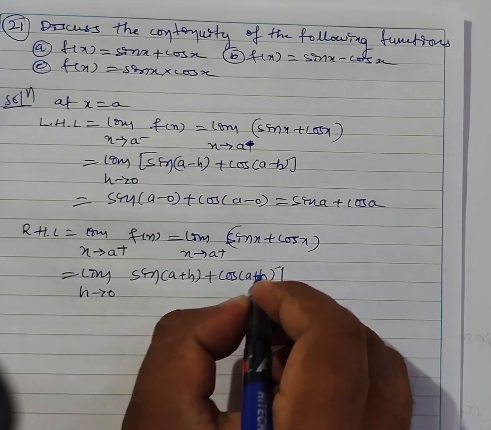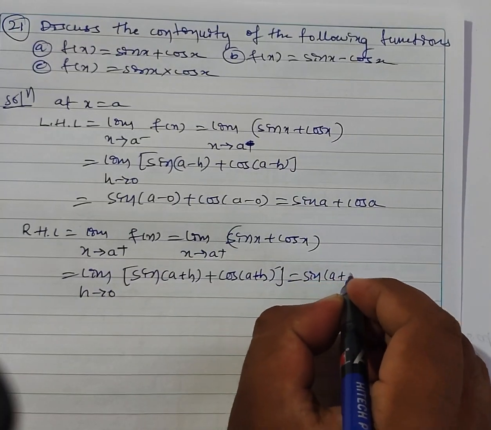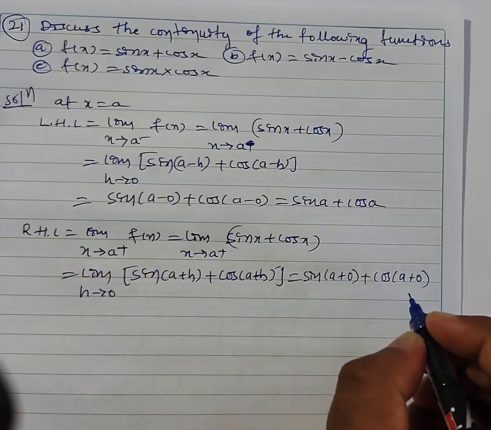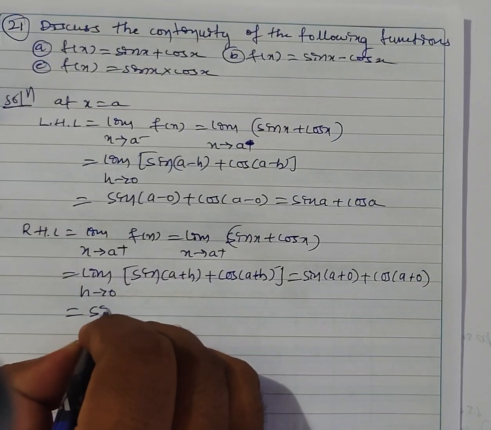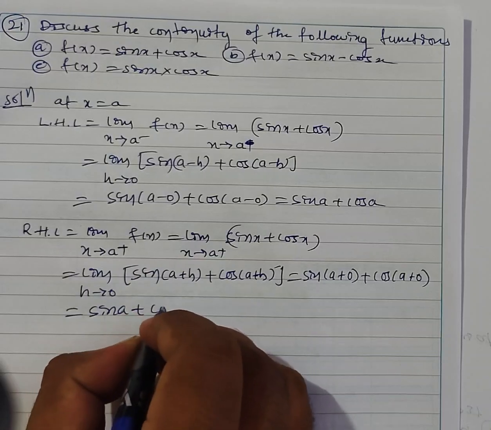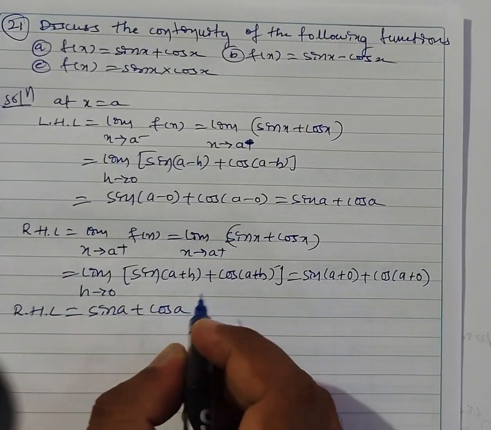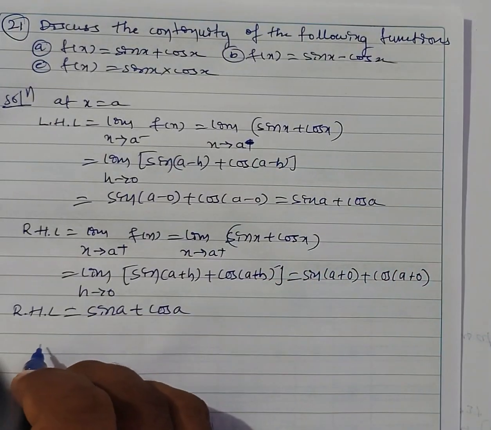Okay, now substitute the limit value. sin (a plus 0) plus cos (a plus 0). So that becomes sin a plus cos a. So right hand limit is equal to sin a plus cos a, left hand limit is equal to sin a plus cos a.